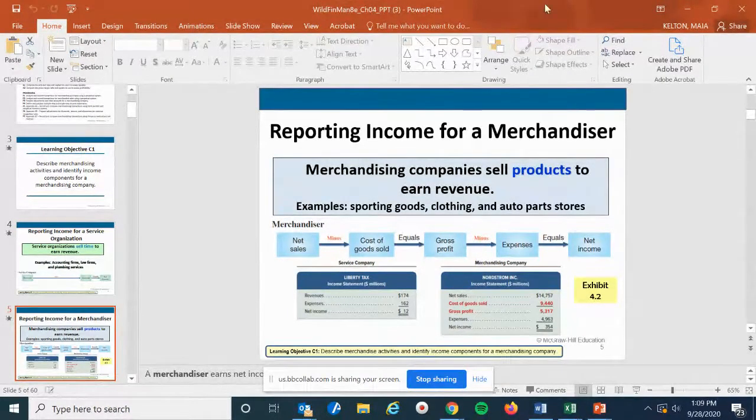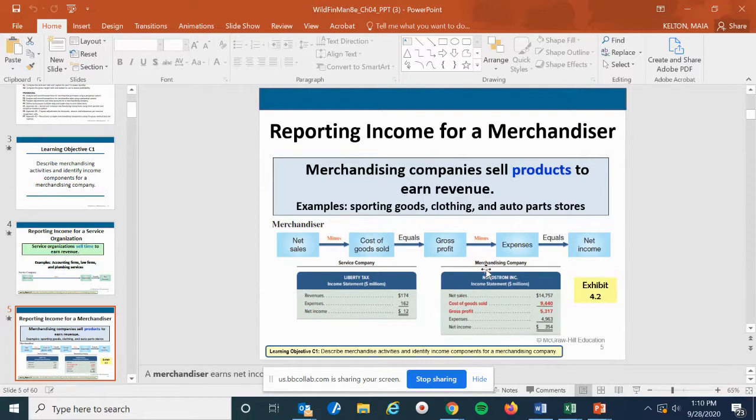So on the bottom of this slide, you can already see the difference between Liberty Tax, which is a service company. As a service company, Liberty Tax sells us their time. So here we're simply taking revenues and subtracting expenses. When we compare the financial statements, especially the income statement of Liberty Tax to Nordstrom, you can see substantial differences here.